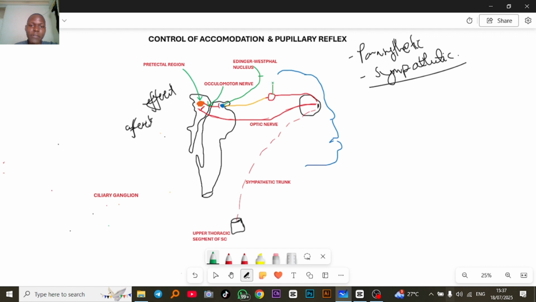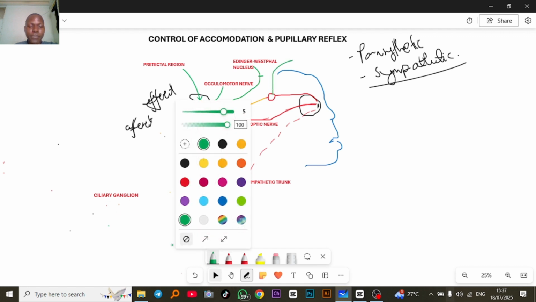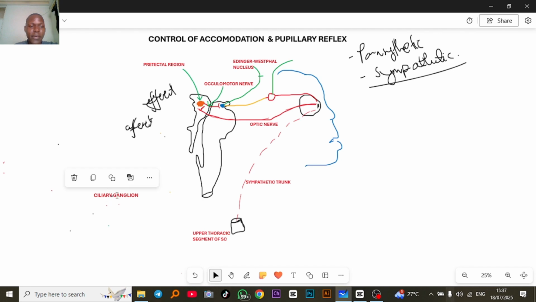This ganglion is what we call the ciliary ganglion.